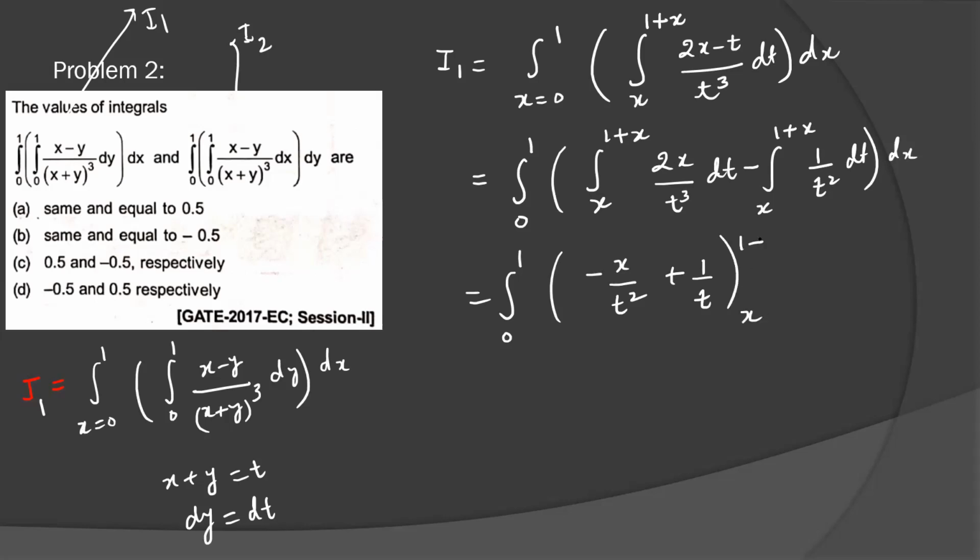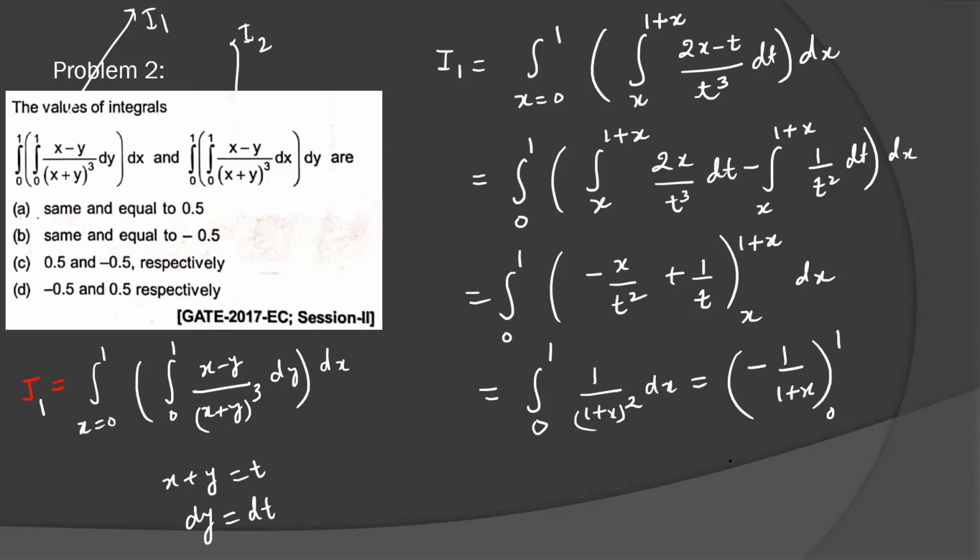Upper limit is 1 plus x, lower limit is x only, dx. If you simplify it, you will get this x function as 1 over 1 plus x whole square dx. Now its integration is minus 1 over 1 plus x. Lower limit is 0, upper limit is 1. If you simplify it, you will get 1 by 2, or 0.5.